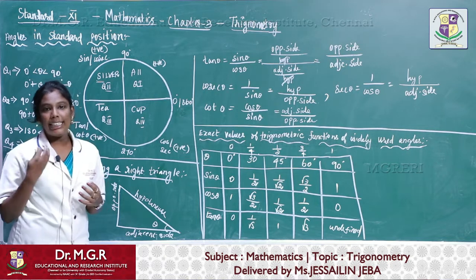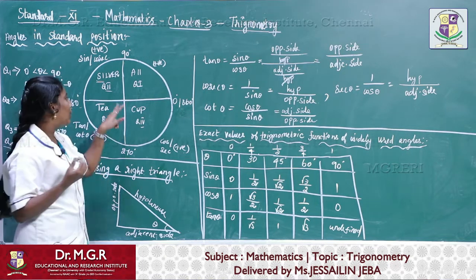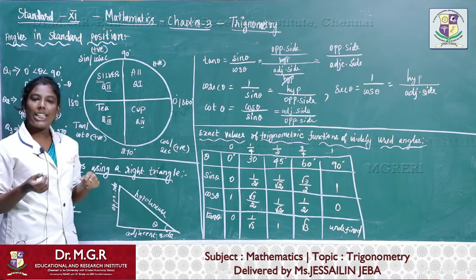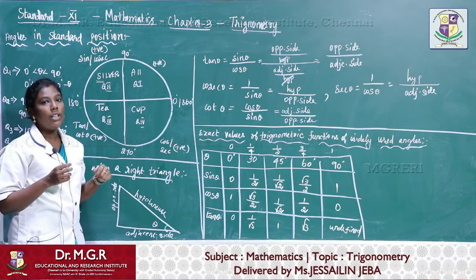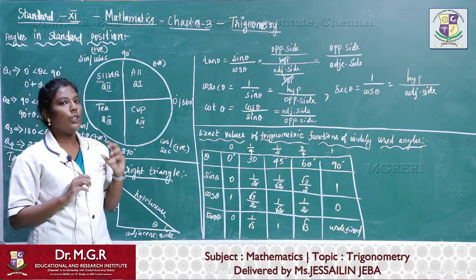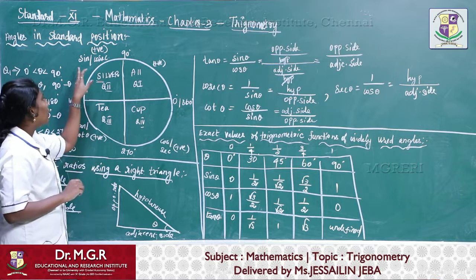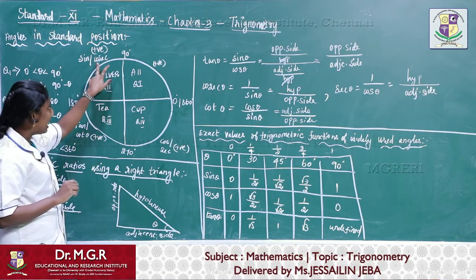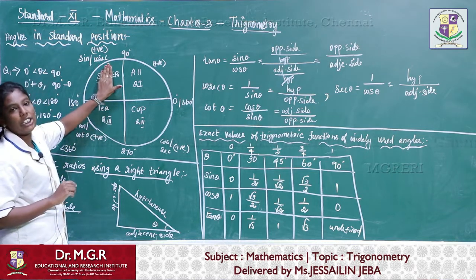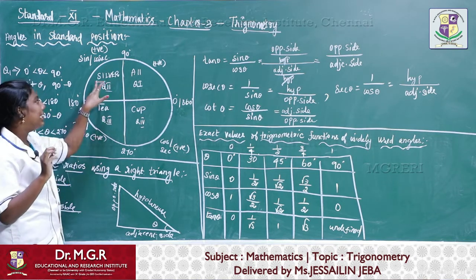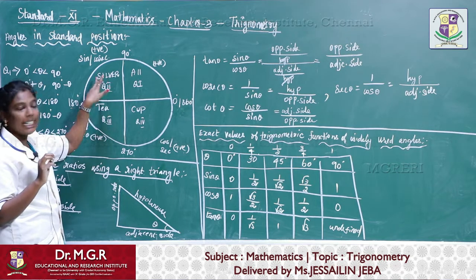What is the reciprocal of sin theta? I hope you already know the reciprocals of ratios. The reciprocal of sin theta is cosecant theta. So sin theta and cosecant theta are positive in the second quadrant. Remember that the second quadrant is named Silver.